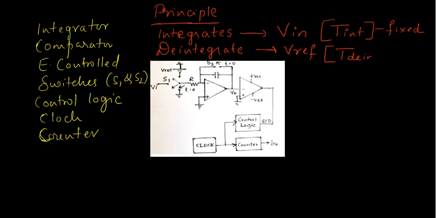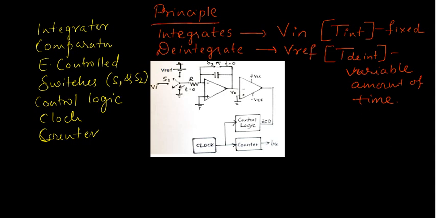This is the variable amount of time. The integration of the unknown input voltage takes place for the fixed time, whereas the de-integration of the fixed reference voltage is for a variable amount of time. This is how the very principle of the working of the ADC takes place.